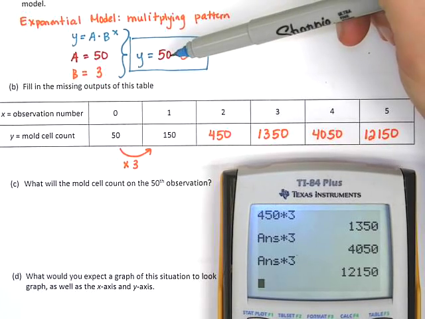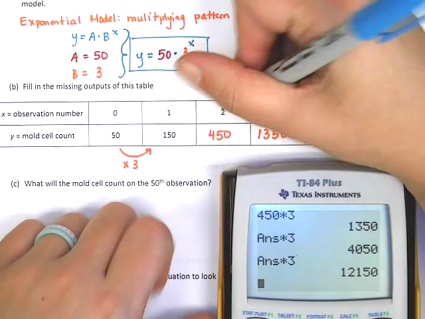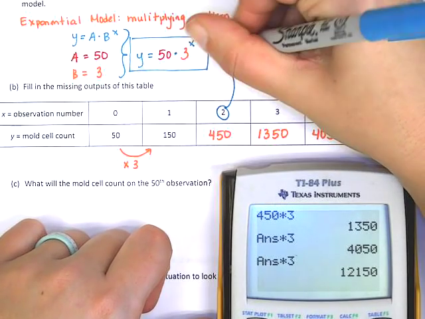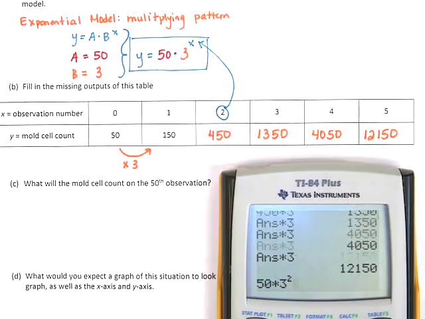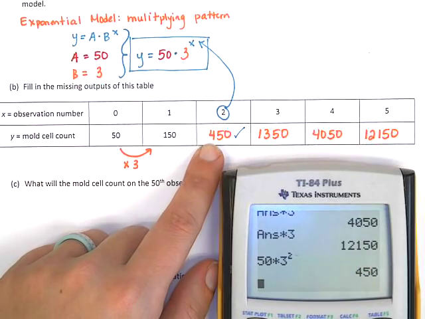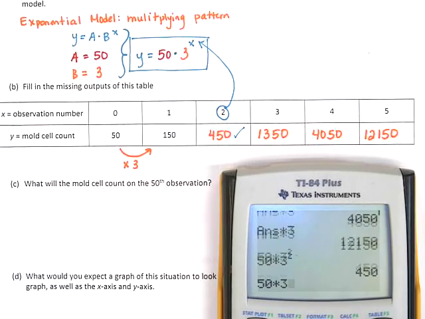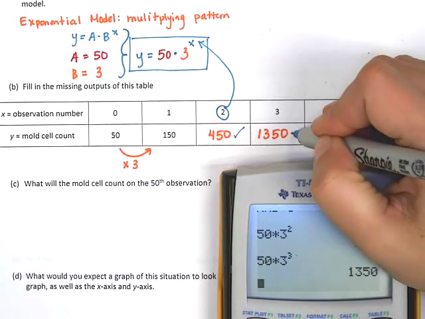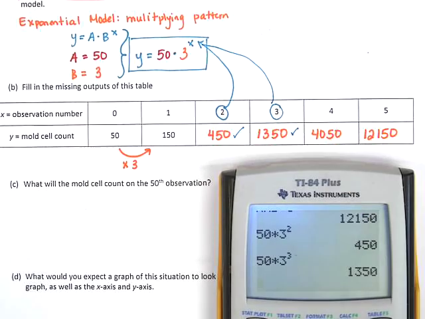For example, if I type in 50 times 3 to the second power, because this would be my x, I would have 50 times 3 squared, which is 450, which confirms that this is the correct number for my table. If I do the same thing and I do 50 times 3 to the third power, I get 1350, which confirms that this is the right value for my table.